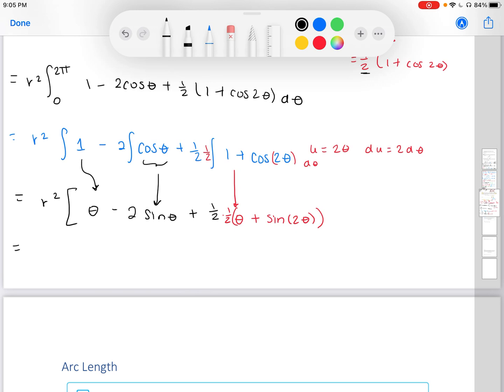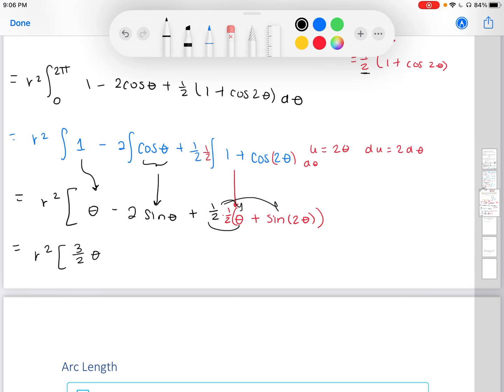And from there, you can go ahead and distribute that 1/4 and combine like terms. So that we have r squared times 3 over 2 theta.